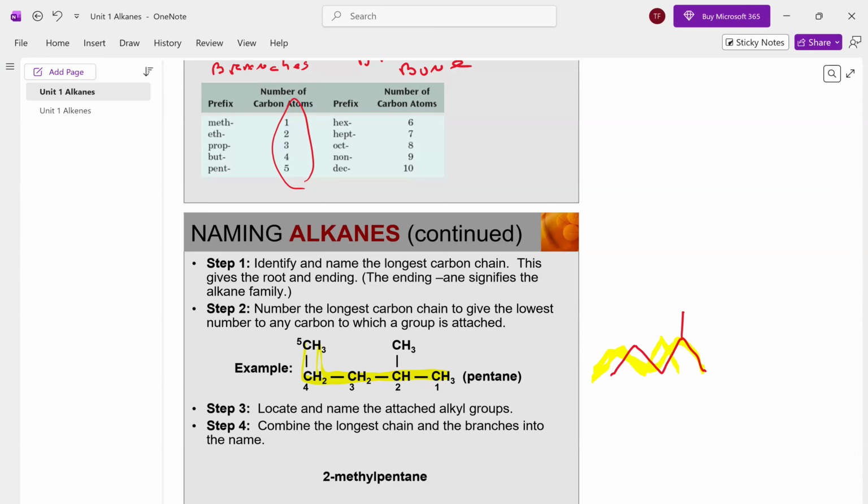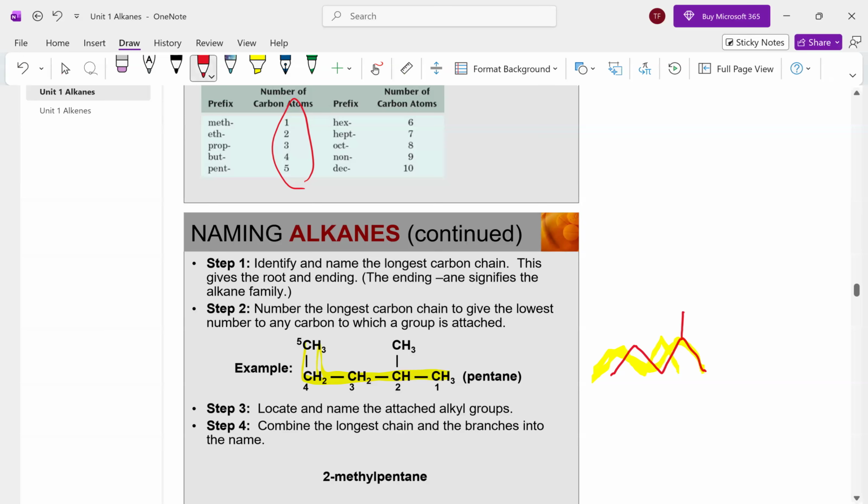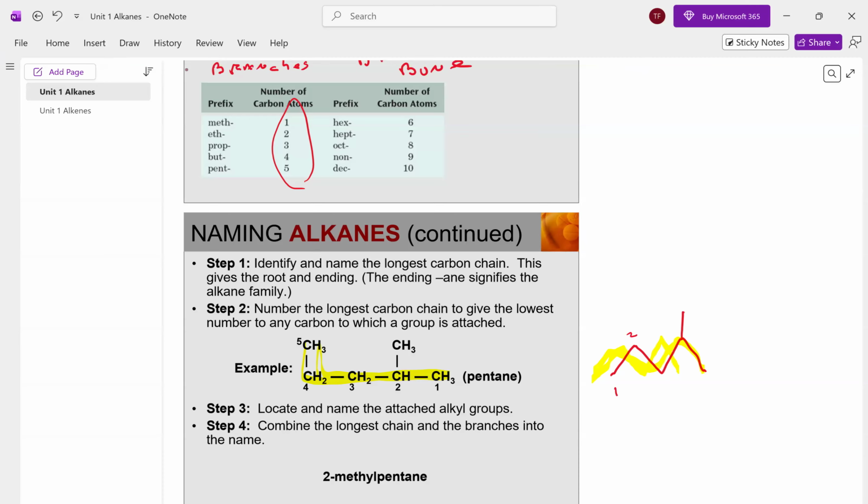Okay, so let's name now. If we start from left to right, 1, 2, 3, 4, 5, starting on the left, we can number from the right to the left as well. And we are going to use a different color for that.